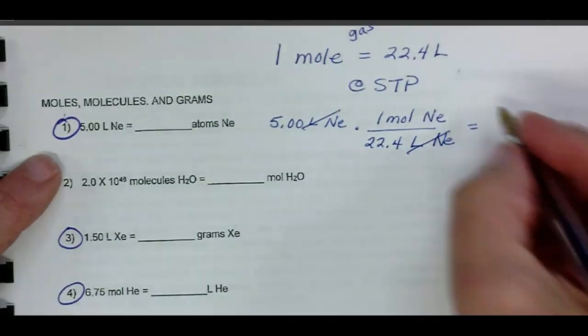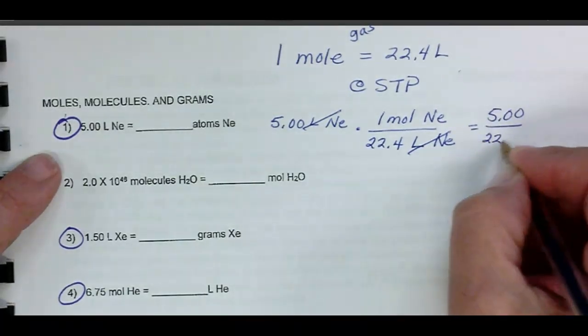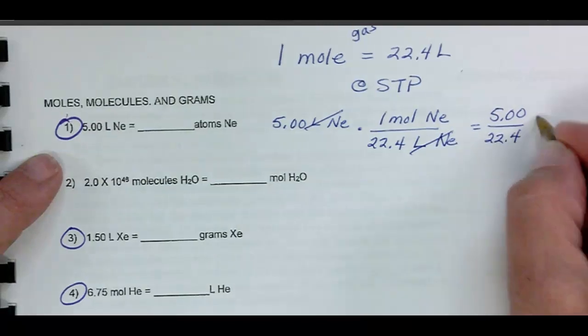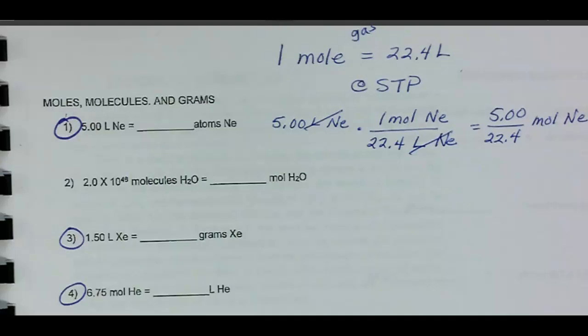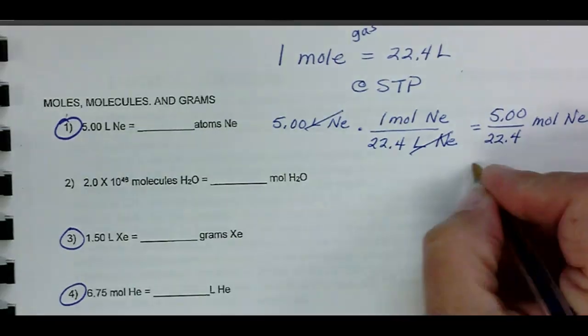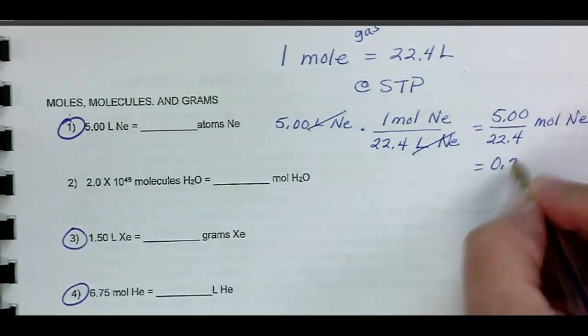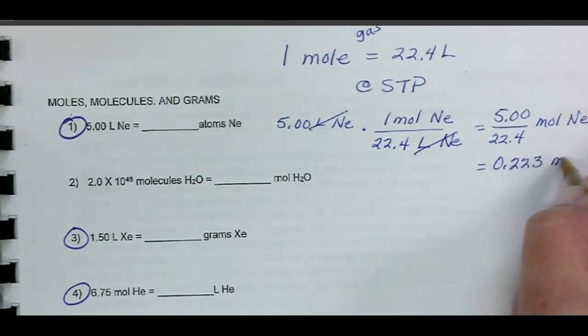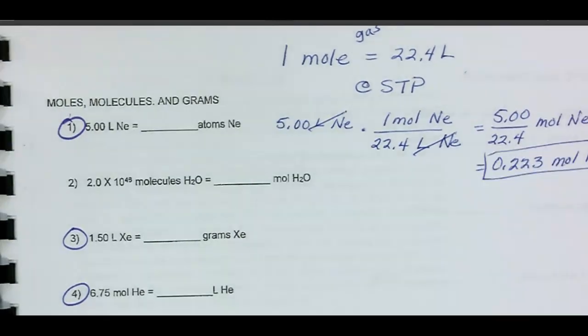So we'll have 5.00 divided by 22.4, and the answer will be moles of neon. You can just run that in your calculator. It is just a one-step problem. We have 3 digits, so 0.223 moles of neon would be my final answer.